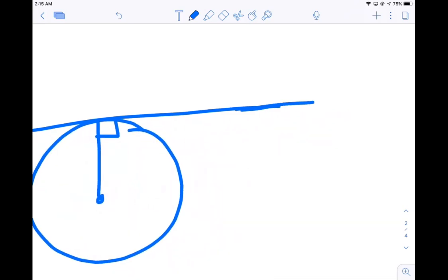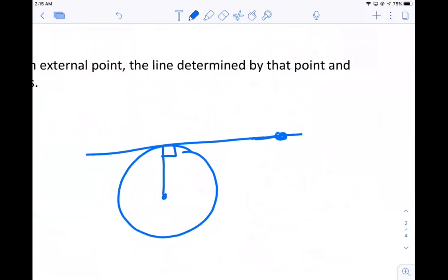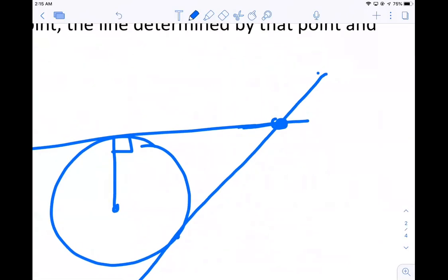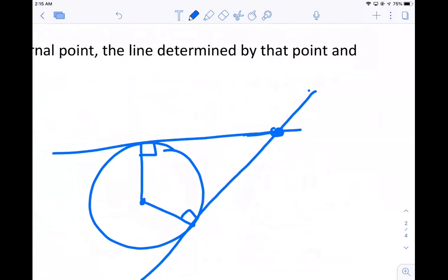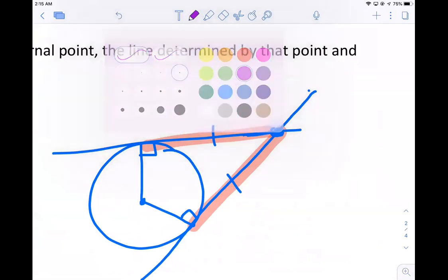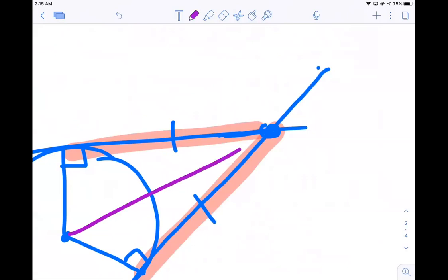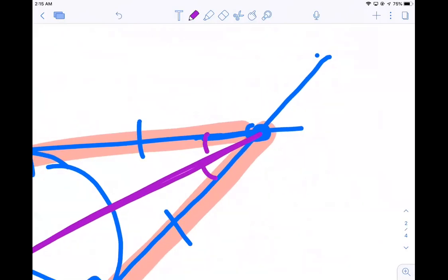Well, if I pick an arbitrary point on the exterior of the circle now, and I draw another tangent line from that point to the circle, boom, that of course will also be perpendicular. But now we've proven that these two distances from the point of tangency to the exterior point are congruent, and we also know that the segment from the center to the exterior point bisects that angle.